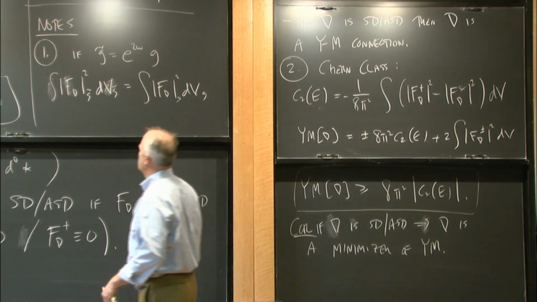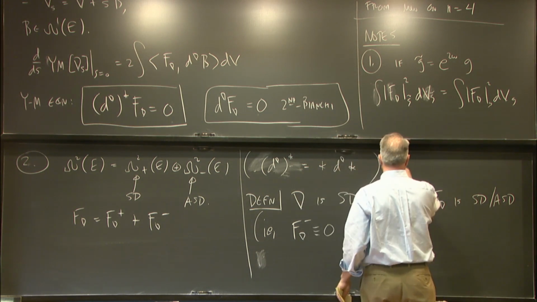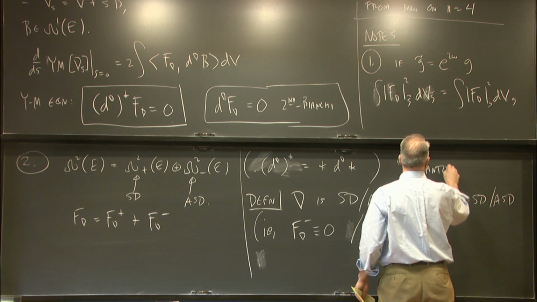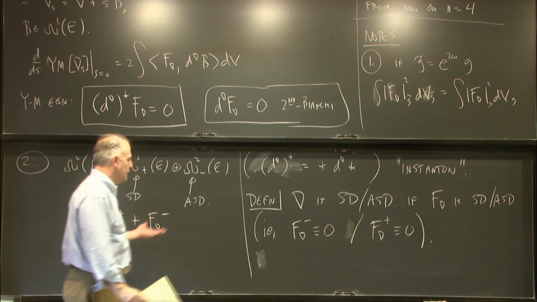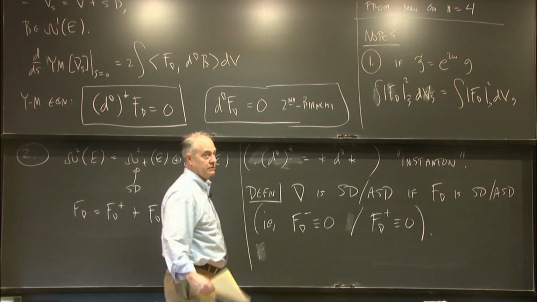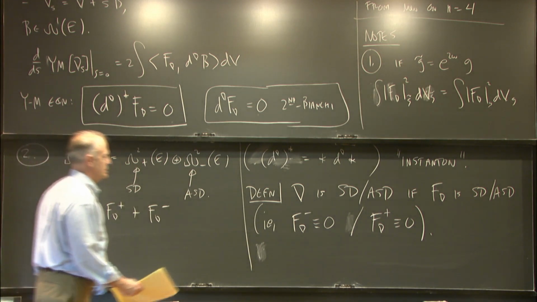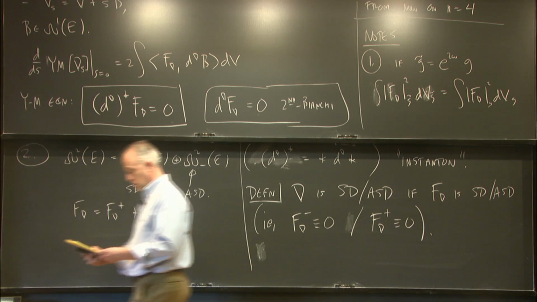I should say, whether it's self-dual or anti-self-dual, in either case the term used collectively is instantons. Instanton solutions are of fundamental importance in the applications of gauge theory to four-dimensional topology. But that's a very different story from what I want to talk about today.